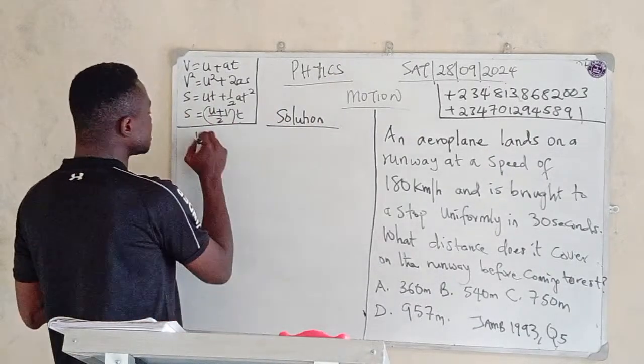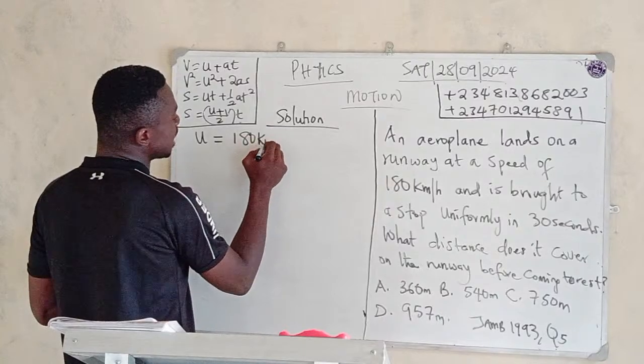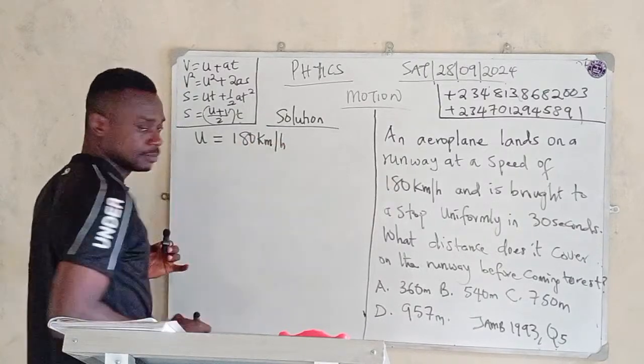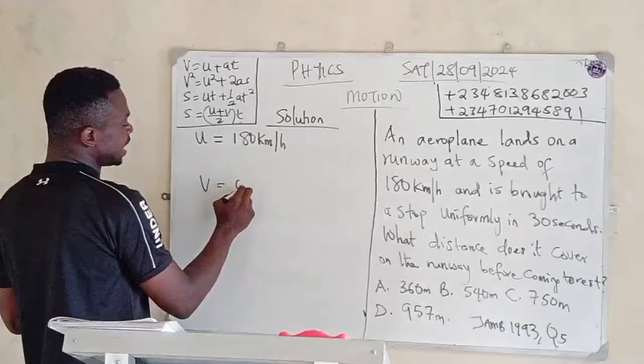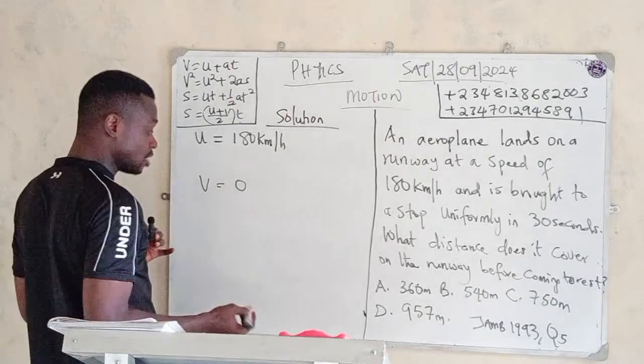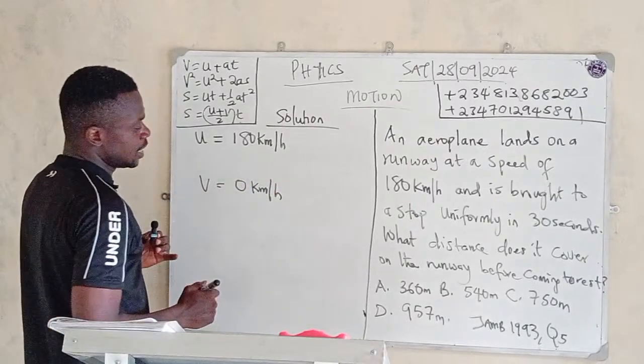So initial velocity is 180 kilometer per hour. Final velocity is what? Zero. 0 kilometer per hour.